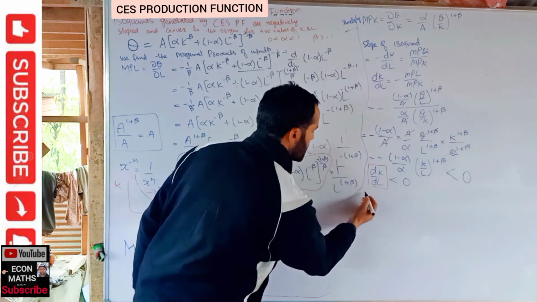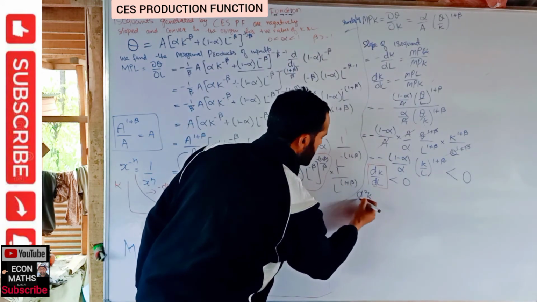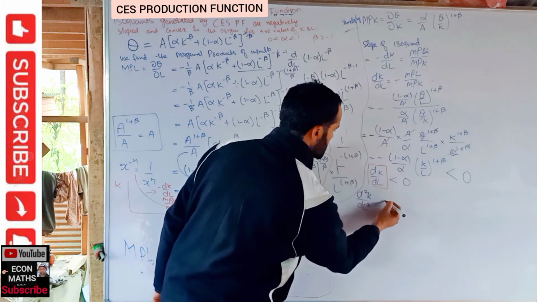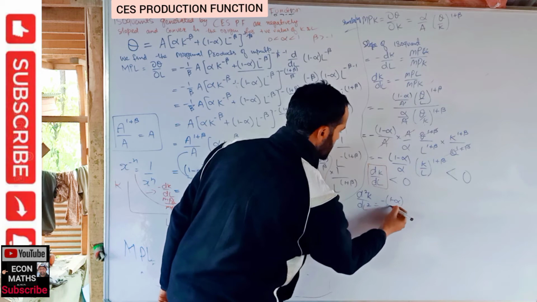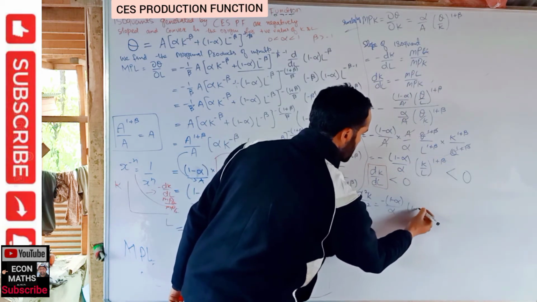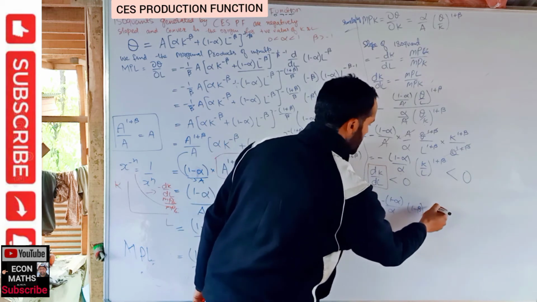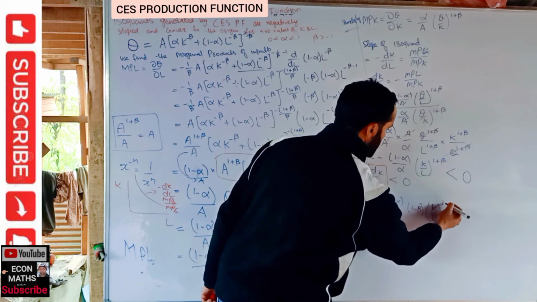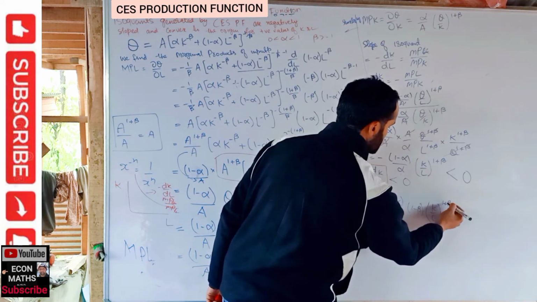That is, d square K divided by dL square will become, here this is minus 1 minus alpha, nothing to do with them. Now this 1 plus beta will become the coefficient, and we are left with K divided by L, and here we have 1 plus beta minus 1.